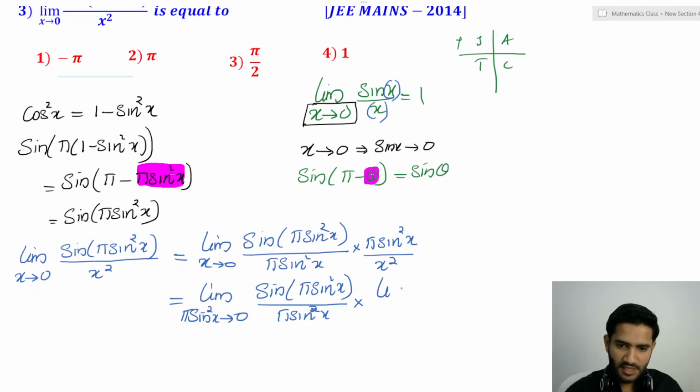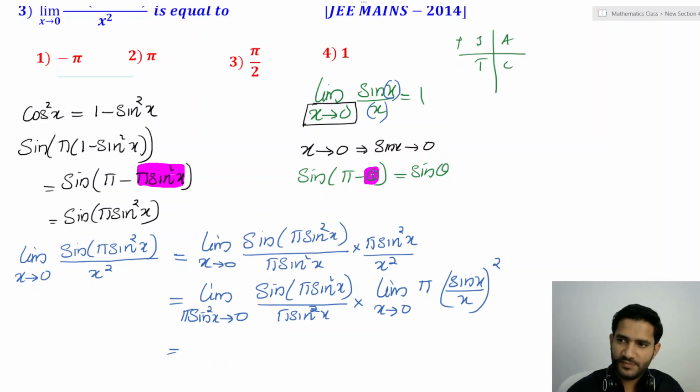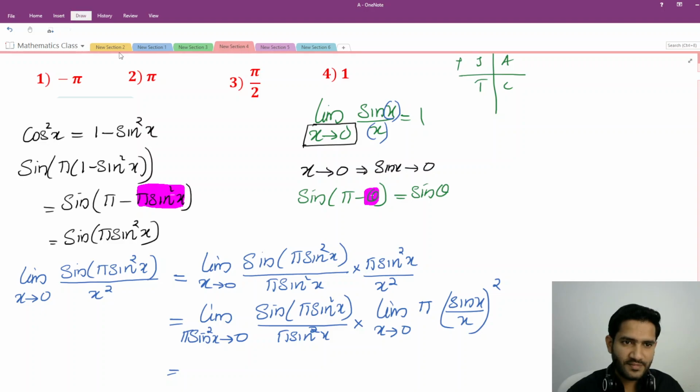Again here, limit x tends to 0. This is pi constant. Here we have sine x by x whole square. So here we can use the result: this term tends to 0, the same term is repeated here, the same term is in the denominator.